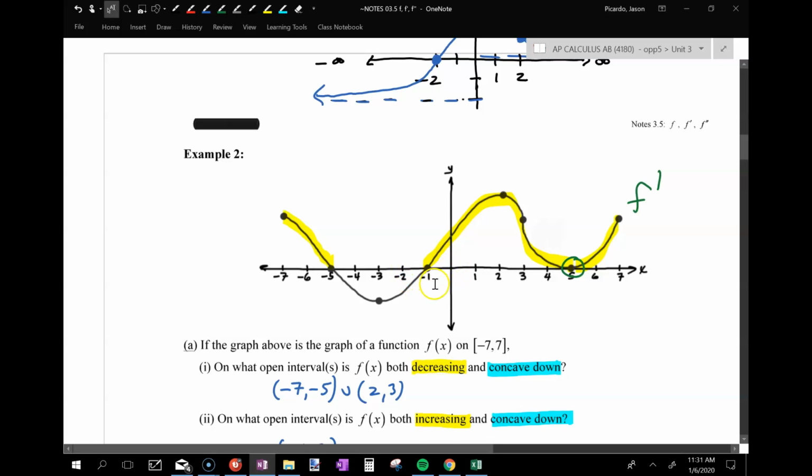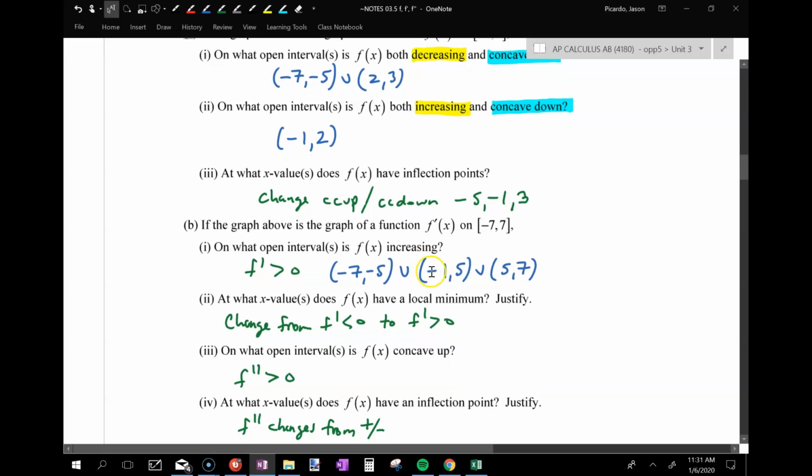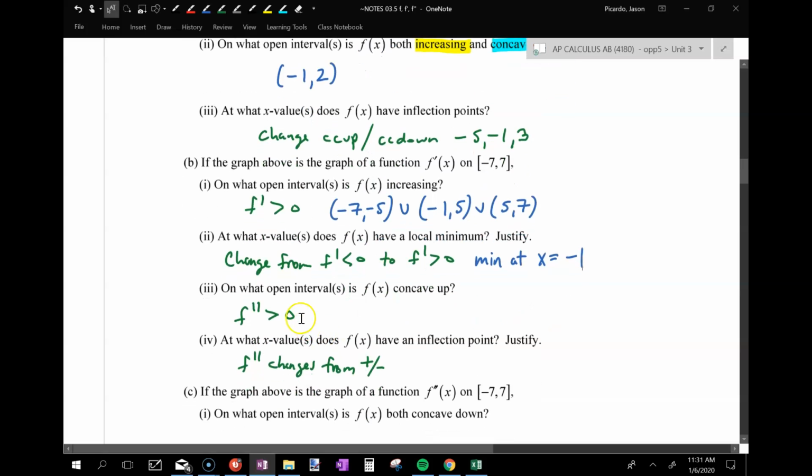No, just that -1. Now here's a problem, guys. I got a big problem. These two things require the second derivative. I don't have the second derivative. I have the first derivative.